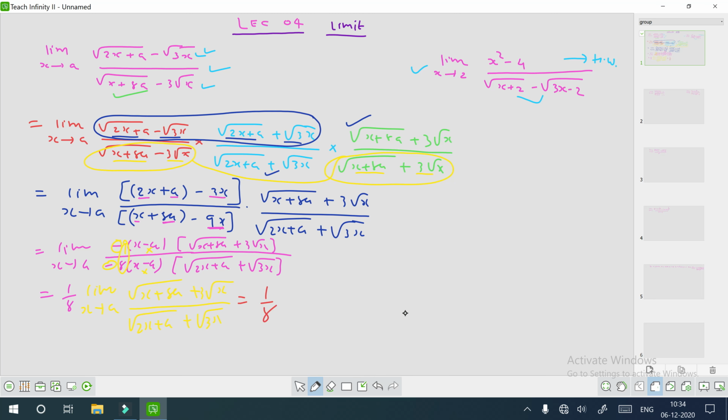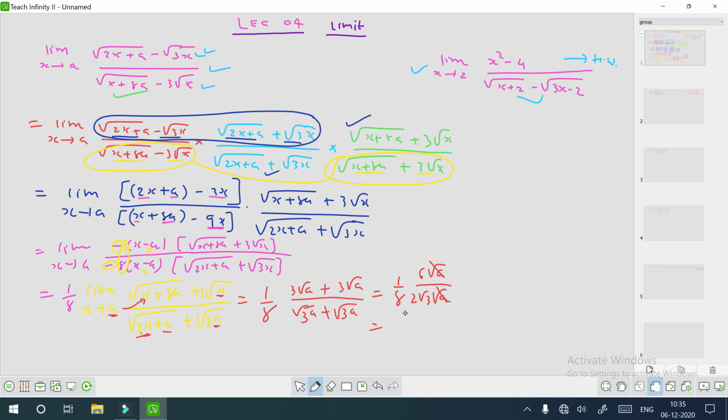1 by 8, x tends to a, put here a plus 8a, 9a, that is 3 root a, plus x tends to a, put here 3 root a over 2x plus a. x is equal to a, root 3a, here also root 3a, under root 3a plus under root 3a, that is equal to 1 by 8, 6 root a over 2 root 3 root a.